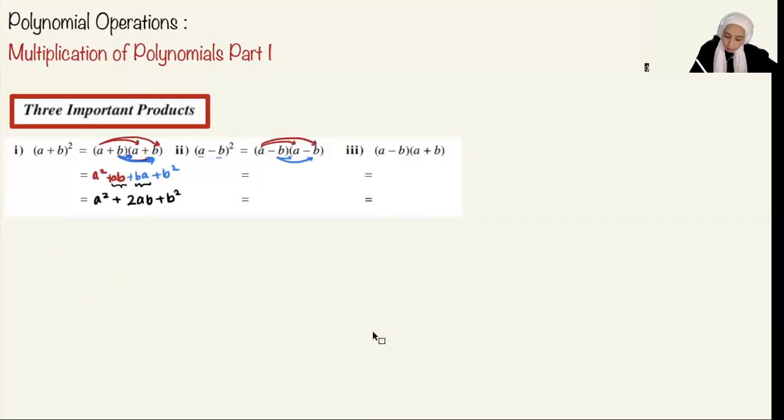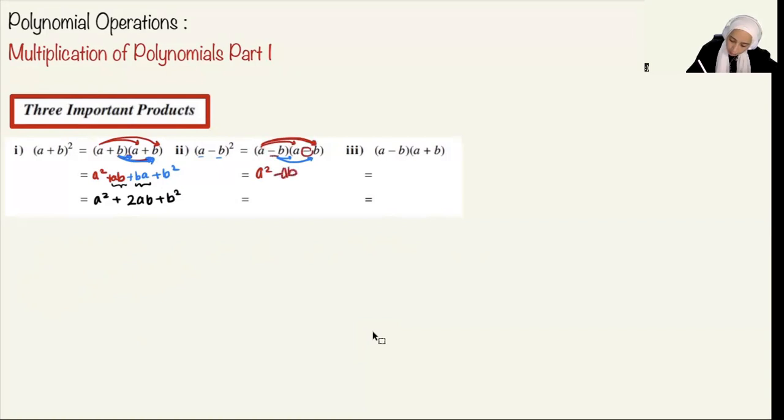So let's do this together. A multiplied by a, that's a squared. A multiplied by b is ab, but recognize that b has a negative, so negative ab.